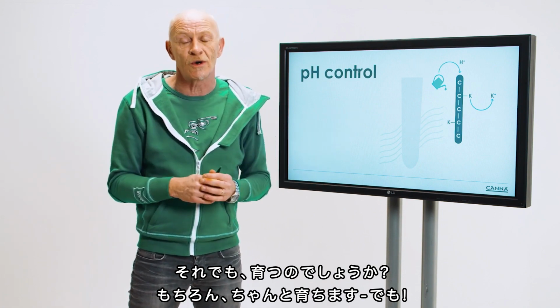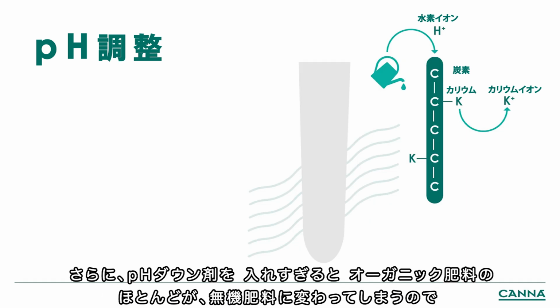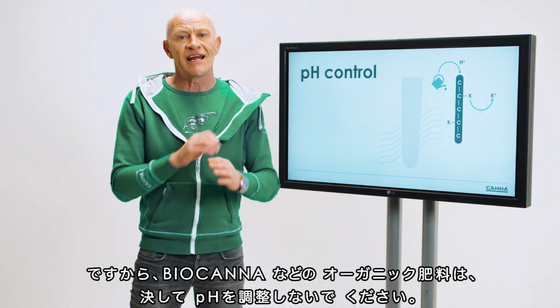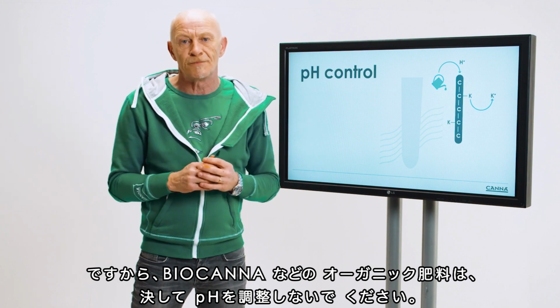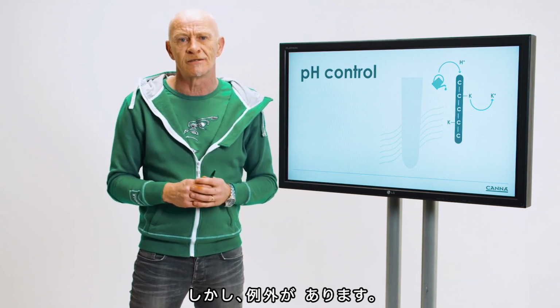Yes, you can still grow on it, but it's not the way it should be. And if you brought too much acid in, maybe you took too many nutrient elements from the organic structure, and then you can get an overdose even on an organic fertilizer. So in general, never control pH with organic fertilizers like CANNA.